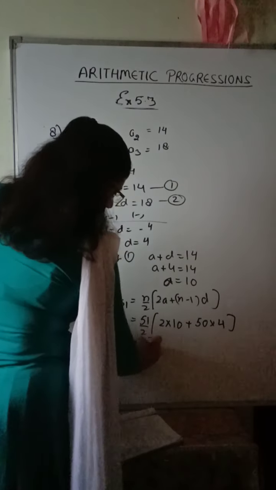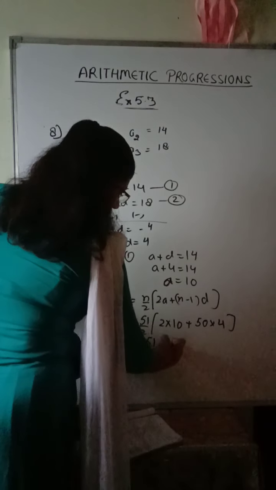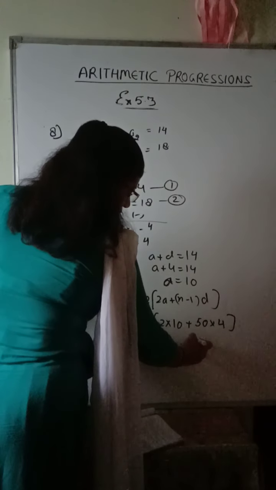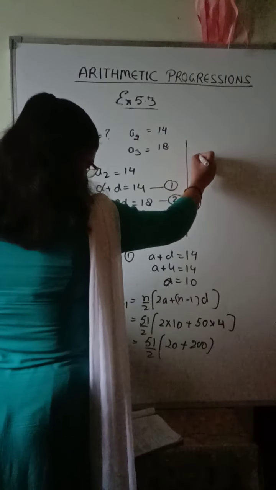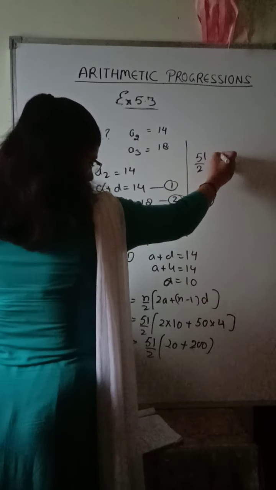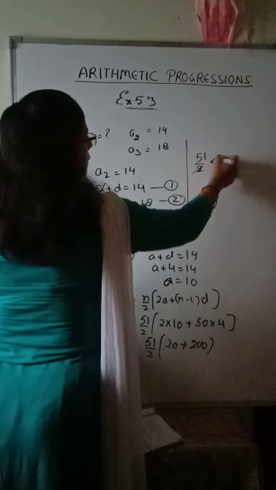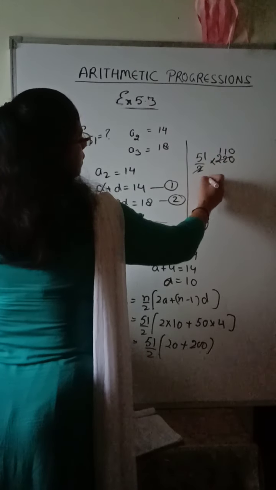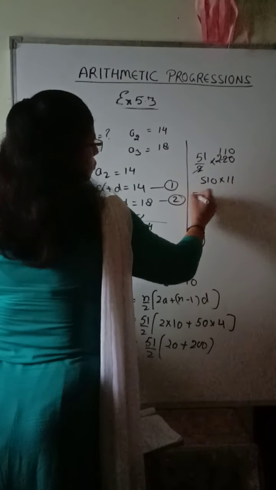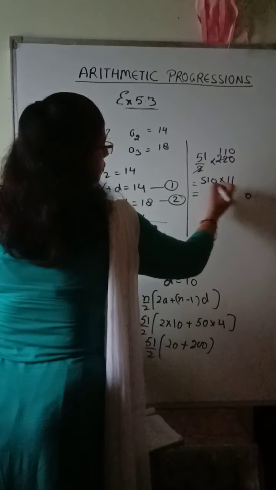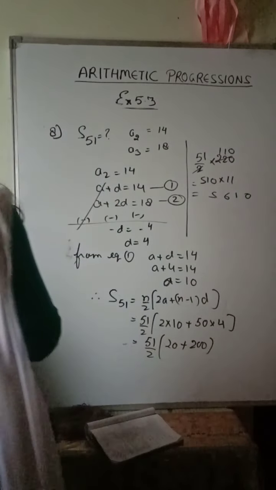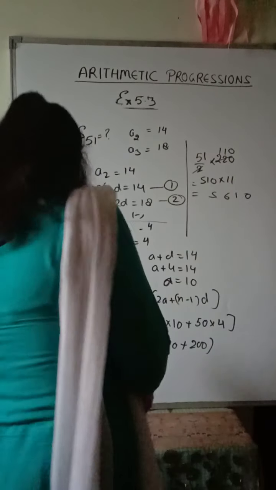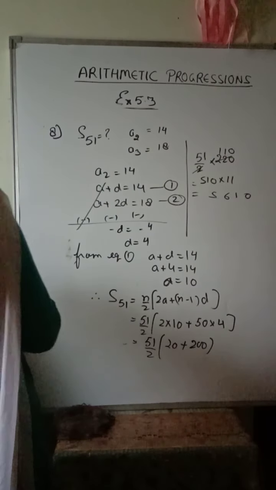So we will get 51 upon 2, 20 plus 200. So we will get 51 upon 2 into 220. So 510 into 11 we can write. So 5610. Okay, so this is the value of our 8th question.